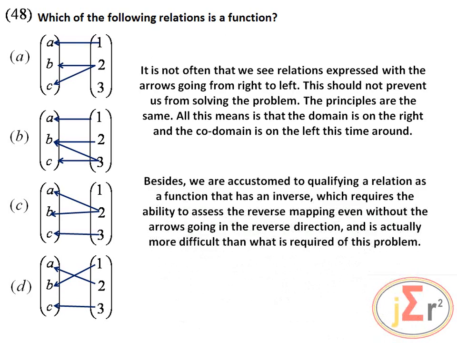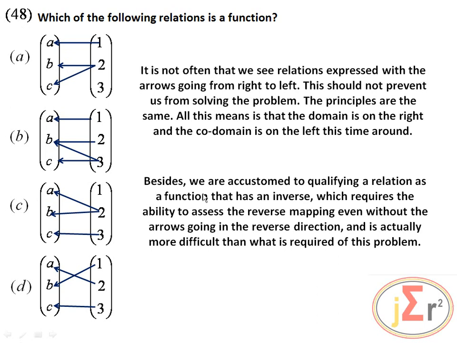Besides, we are accustomed to qualifying a relation as a function that has an inverse, which requires the ability to assess the reverse mapping even without the arrows going in the reverse direction, and is actually more difficult than what is required of this problem. This problem requires that we go in the direction of the arrow. That is all we need to do. The arrows are going in this direction.